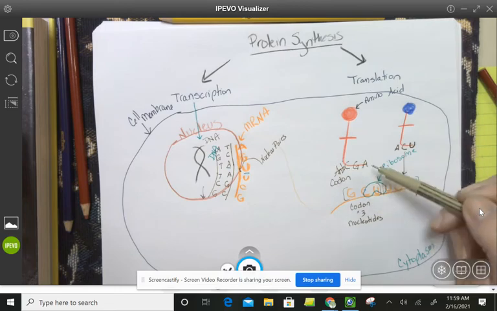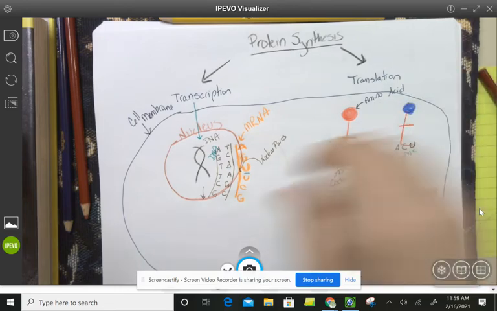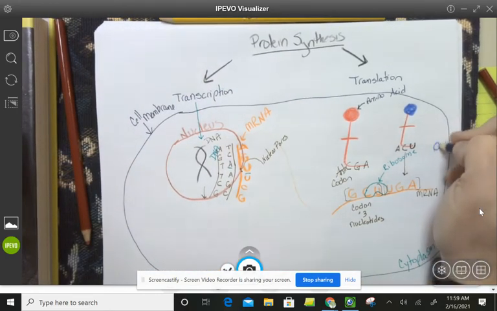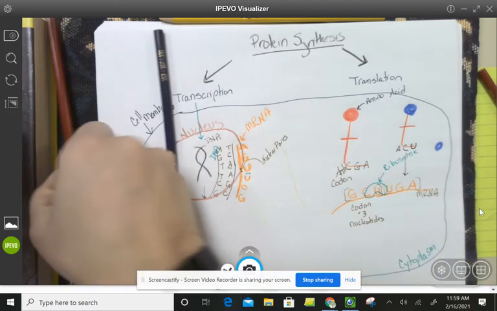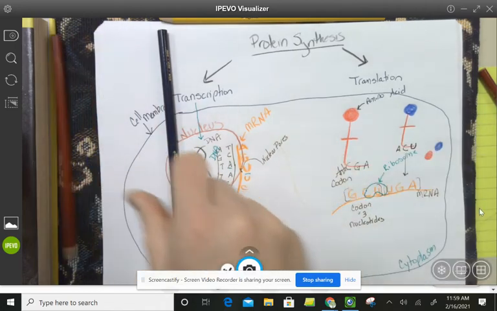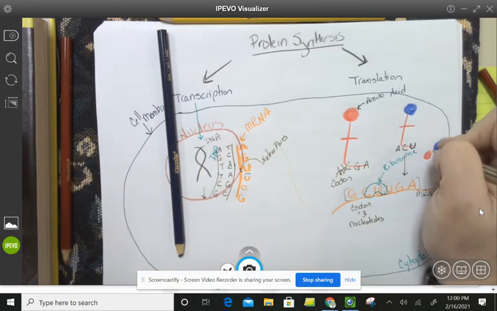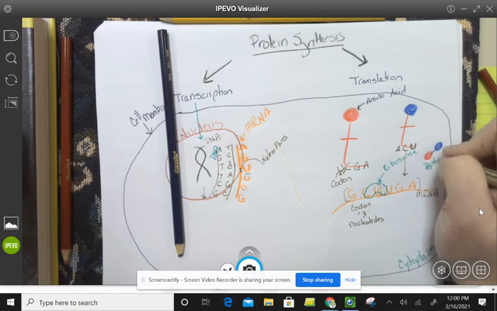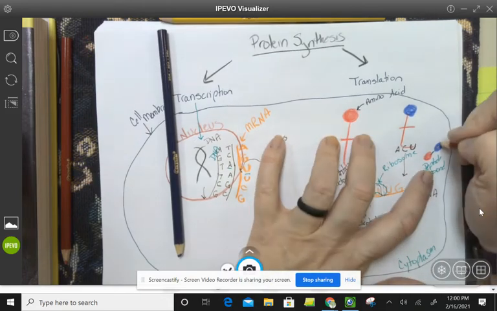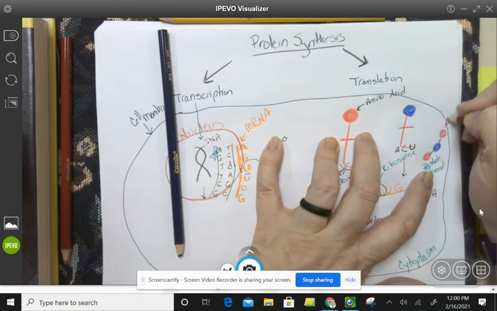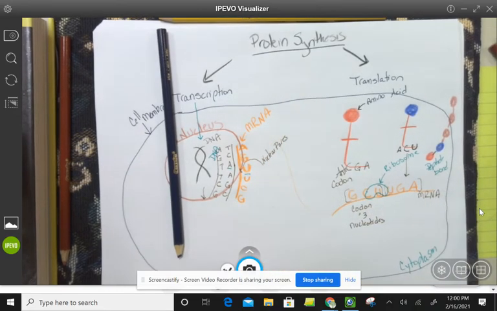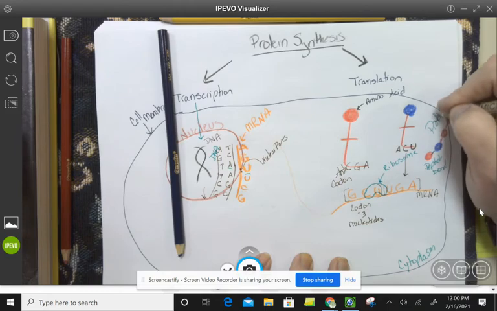So these are going to come, drop off their amino acid, and what occurs next is the amino acids are going to link together. So this amino acid and this amino acid will be left behind, and they're going to link together with a peptide bond. Okay? Once we have a full chain of amino acids, what do we call that? That's now a protein. Okay?